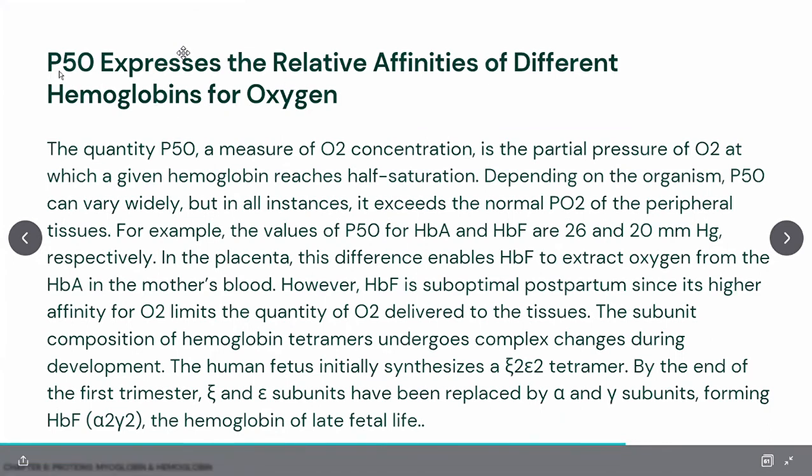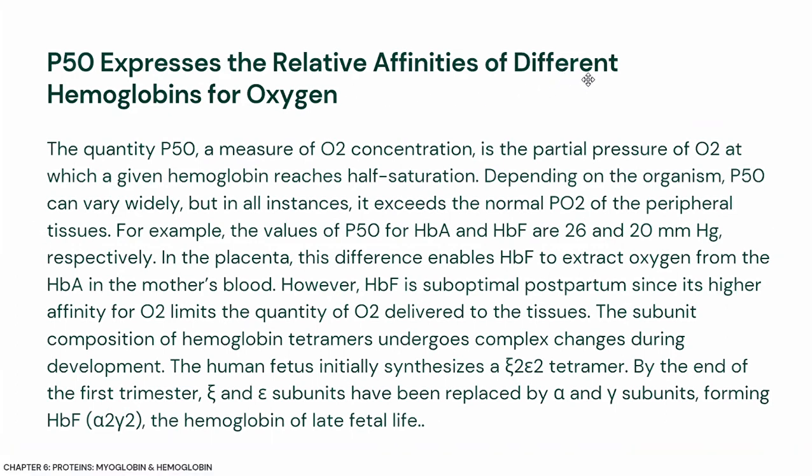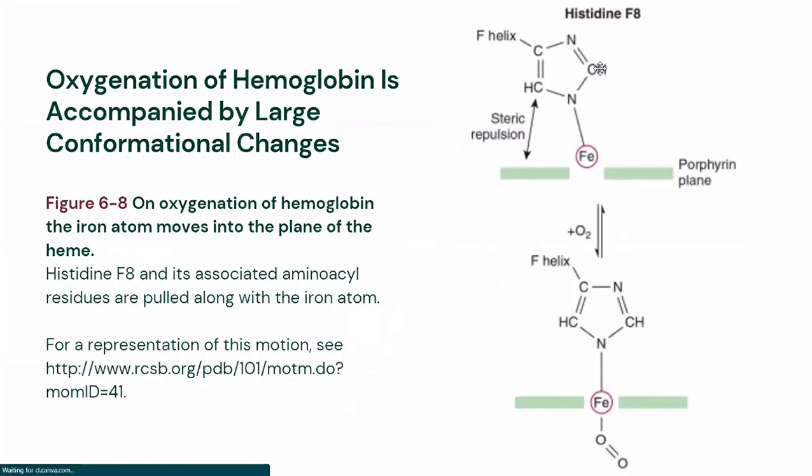Partial pressure, 50% partial pressure. Relative affinities of different hemoglobins for oxygen. You have fetal hemoglobin, you have hemoglobin A. Oh, here we are. You see this?